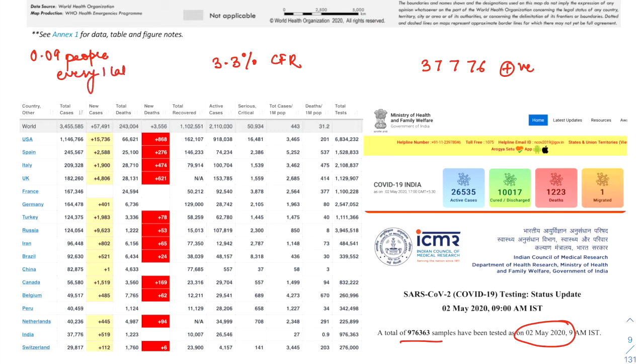So our case fatality rate is quite low. It compares well with some countries like South Korea, which is seen as the top performer in containing the disease COVID-19. So this is the latest COVID-19 situation report in India, and we are hopeful that the infection remains contained.